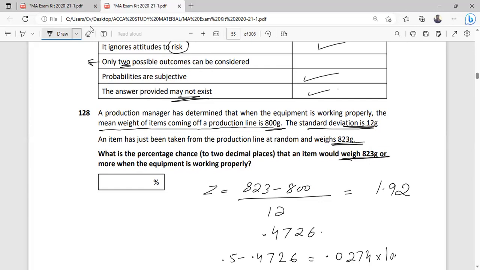If I convert into percentage, it is 2.74%. It means 2.74% will go beyond this mean. Mean means average. Most of the times we will get the actual result equal to this average.